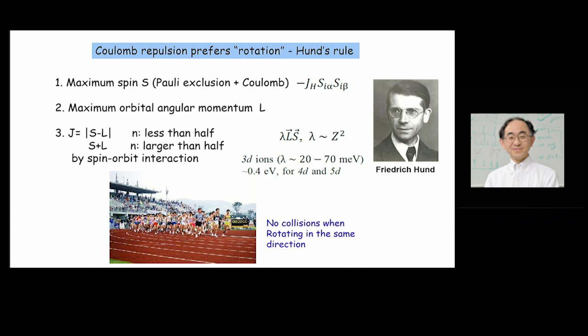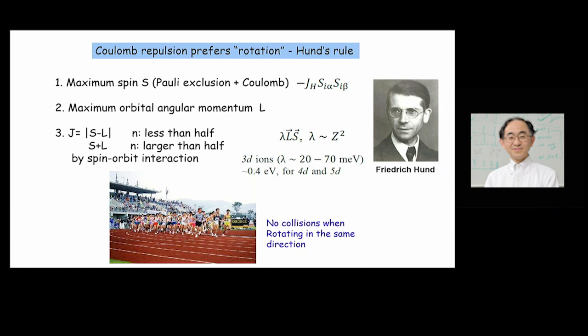And the third rule, the last one, is related to the spin-orbit interaction. Within the single atom, you should have L dot S coupling, right? And this lambda, the strength of the spin-orbit coupling, is proportional to the atomic number Z squared. This is typically 20 to 70 milli-electron volts for the 3d atoms. But if we go to 4d or 5d, increasing the atomic number, then this energy becomes very large, typically of the order of 0.4 or 0.5 electron volts.